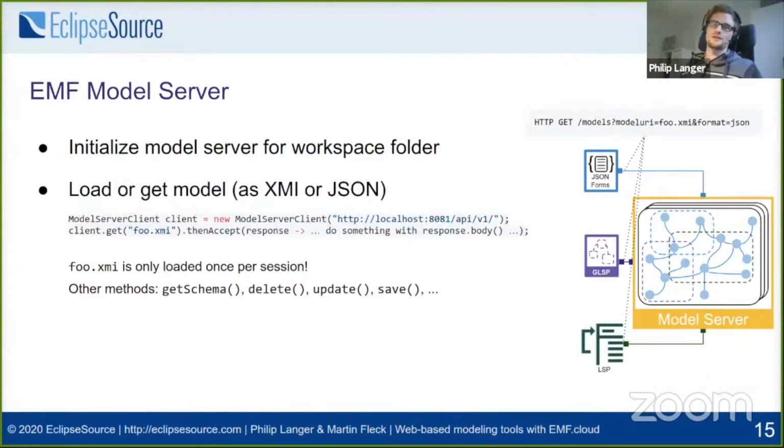Just to give you a very rough example of how this may look like, in order to load a model in the Java API, you would just instantiate a new model server for a certain URL, and then you can request model URIs, and once they are loaded, you can process them in some way. And that's essentially what all these services that represent, for instance, the diagram editor capabilities as well as the textual editing do: they obtain a certain model in the format that they would like. And when they don't specify an additional flag, they all load the same instance in one session.